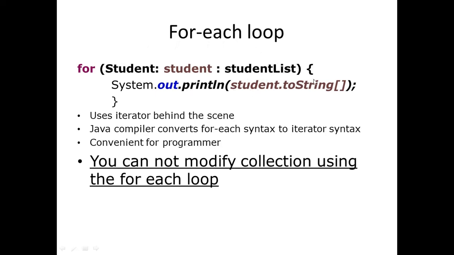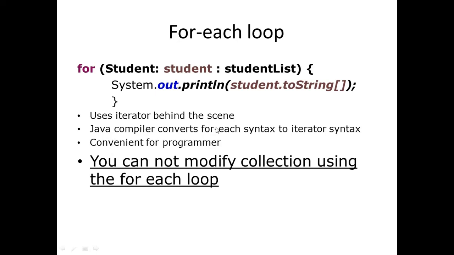Print. So the for each loop uses the iterator interface behind the scenes, and takes care of generation of the iterator for the student list and navigating across each element.